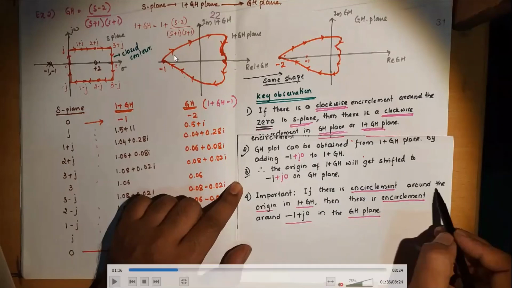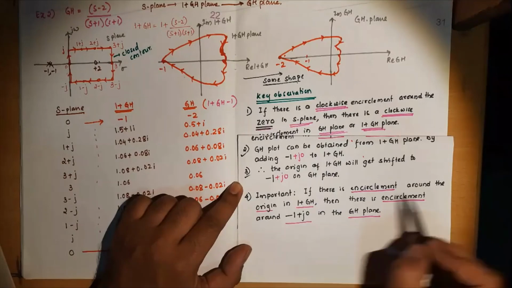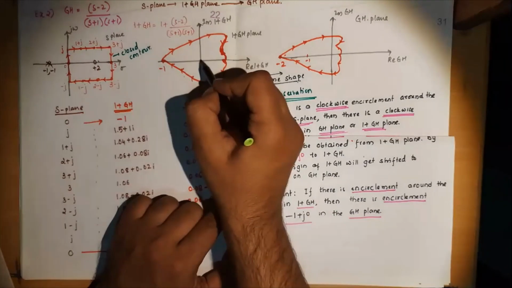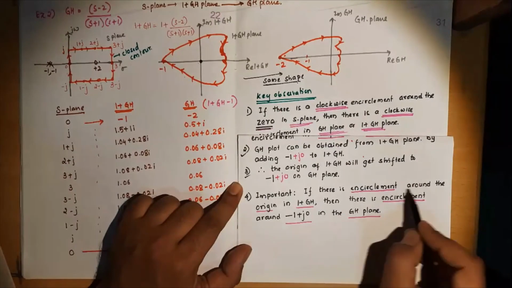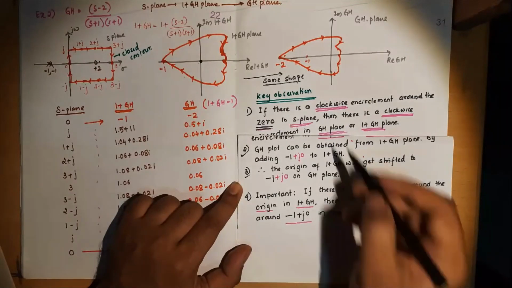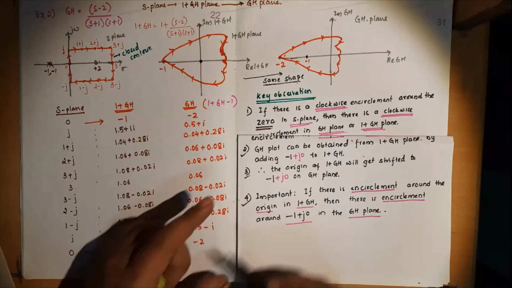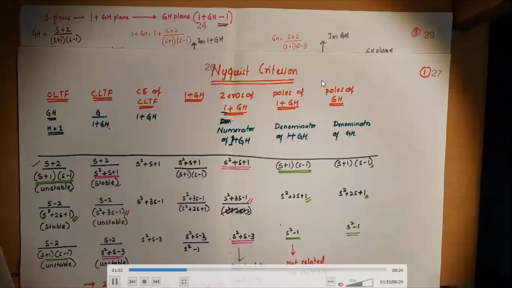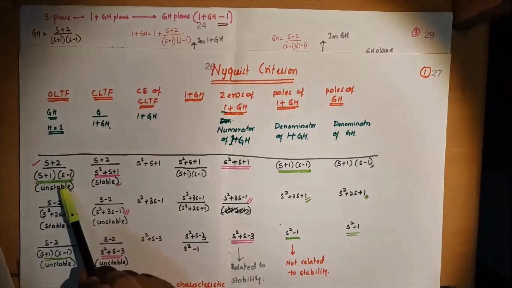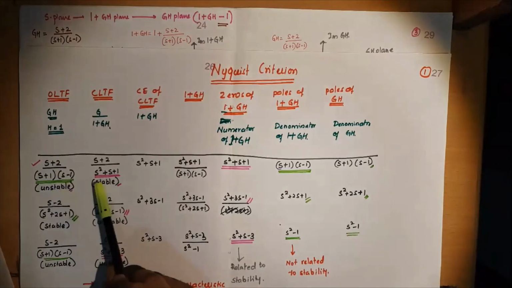That is, if there is an encirclement around the origin in 1 plus GH, there is an encirclement around -1 in GH. Fine. That is -1 here. So all the first observations are over.